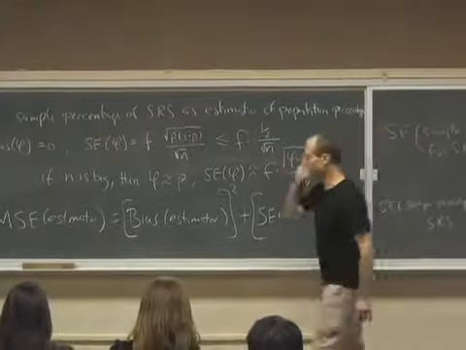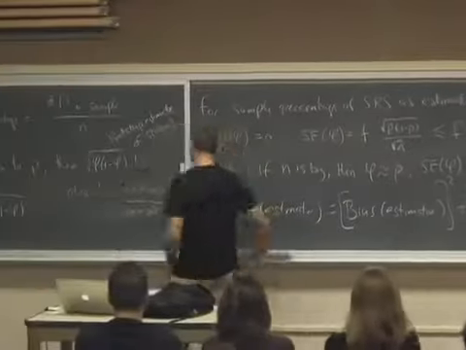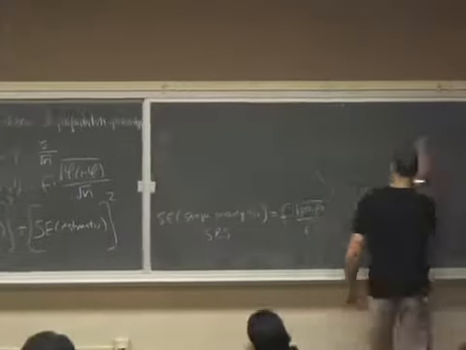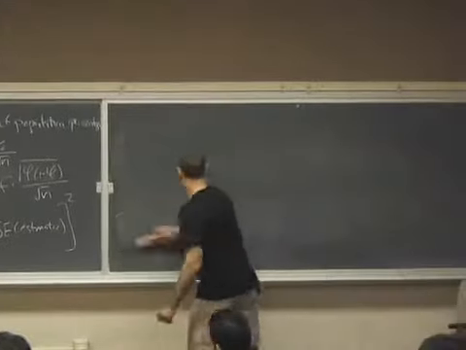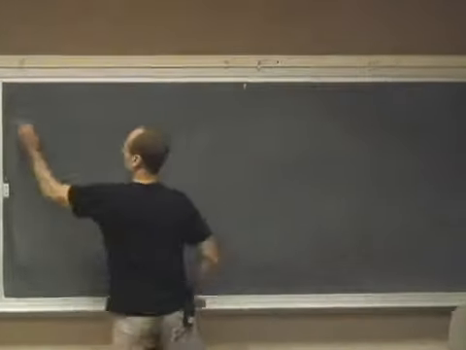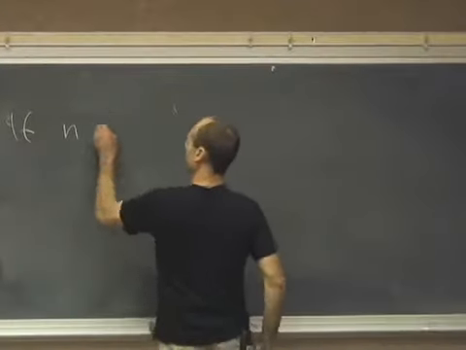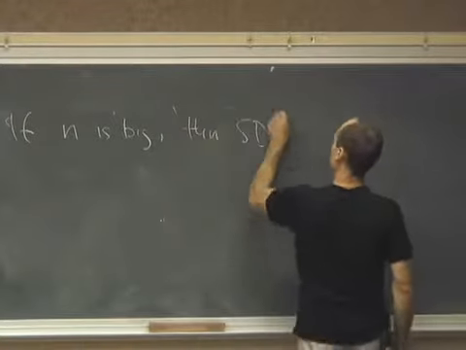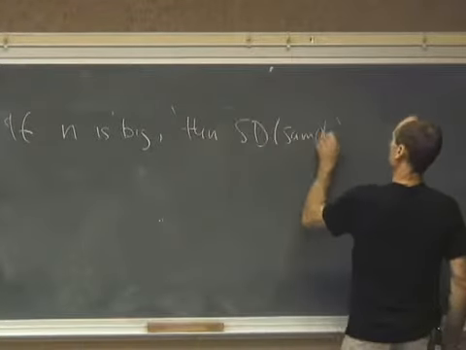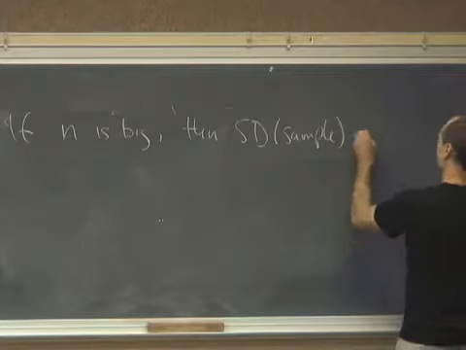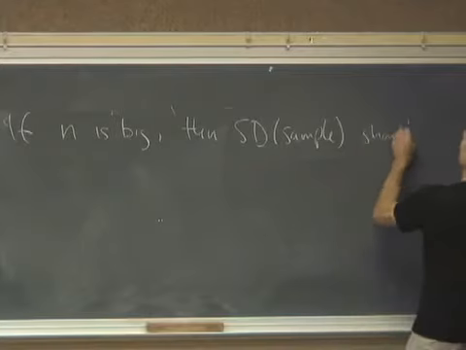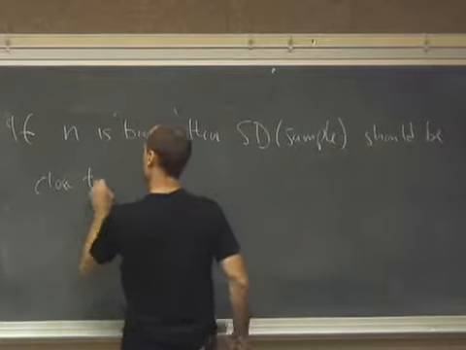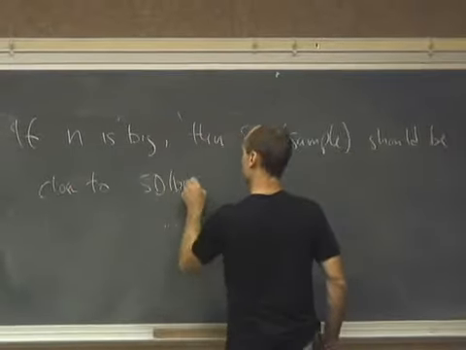Okay, so back now, we're pulling numbers from a general box, and we could estimate that if n is big, then the SD of the sample should be close to the SD of the box.